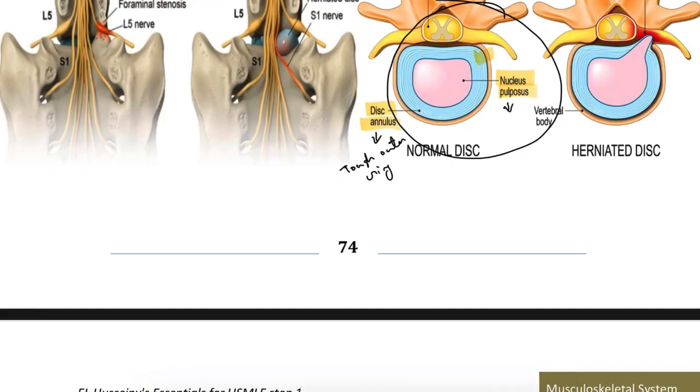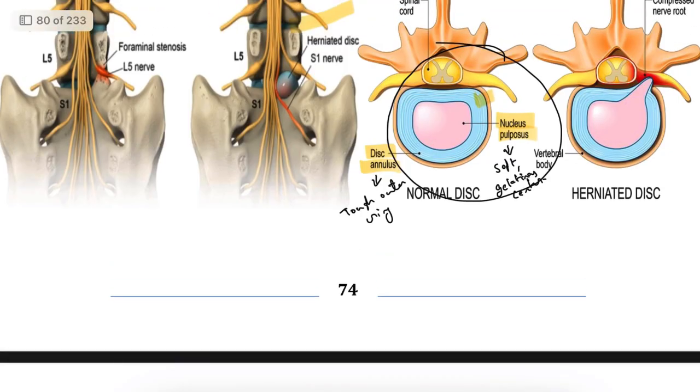The nucleus pulposus is very soft and has a gelatinous center. These discs act like shock absorbers, and when damaged the inner part can protrude, causing a herniated disc, simple.